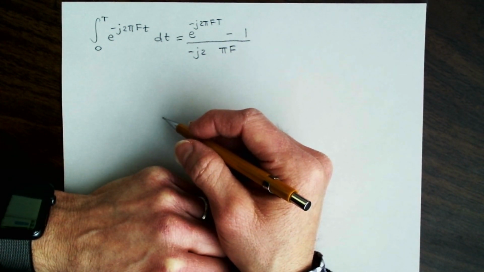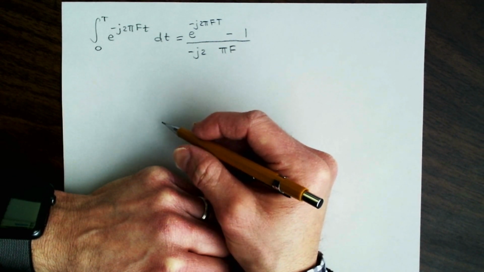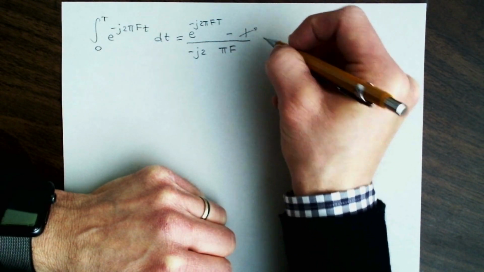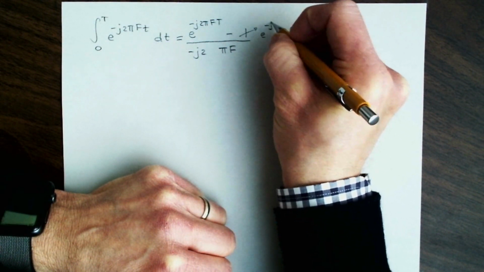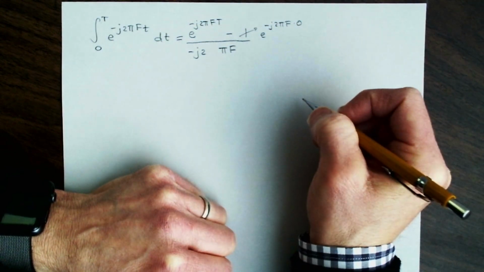And so what I'd like to do is teach you a trick that you can use to get that symmetric form. Essentially, let's rewrite this 1 as e to the minus j 2 pi f times 0.